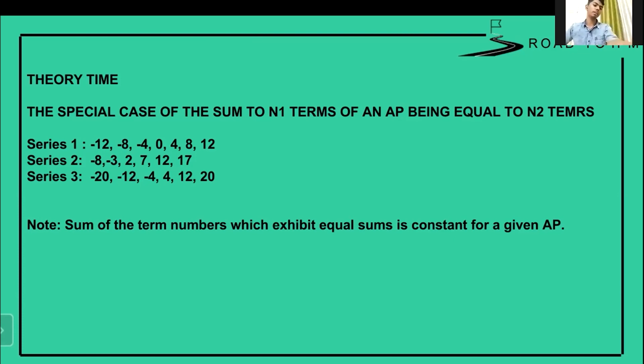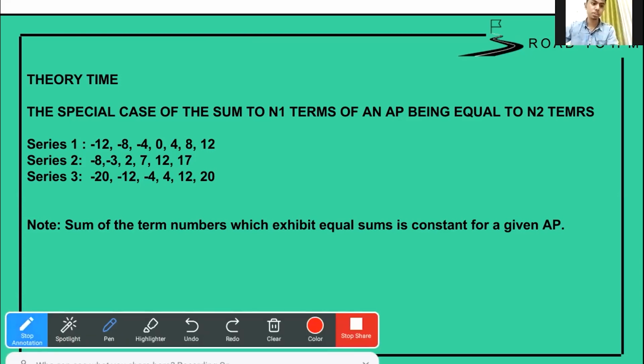Now, if you look at it, you'll see that S2 and S5 are equal. Let's see. Minus 12 minus 8 is minus 20, right? So S2 is minus 20.